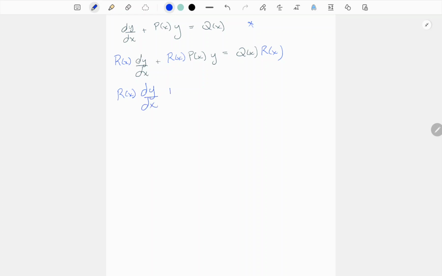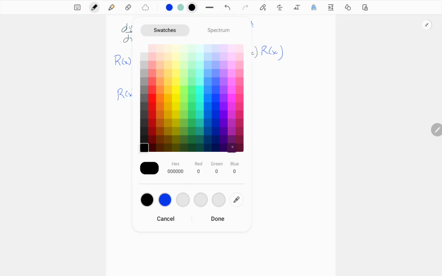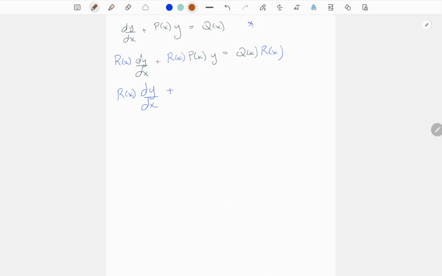Now I'm going to use a different color here. Let me go with orange. If it was the product rule, it would be r y prime plus y r prime. Oh, I've got the y here.